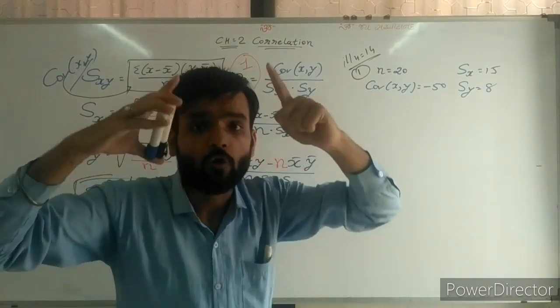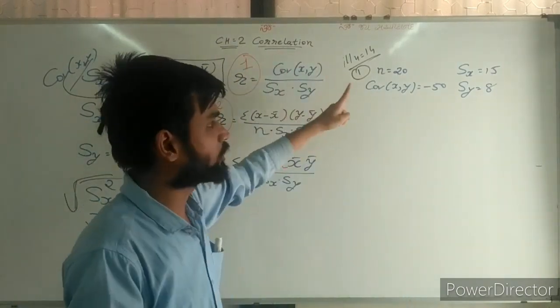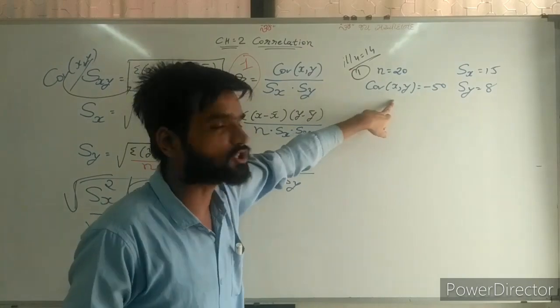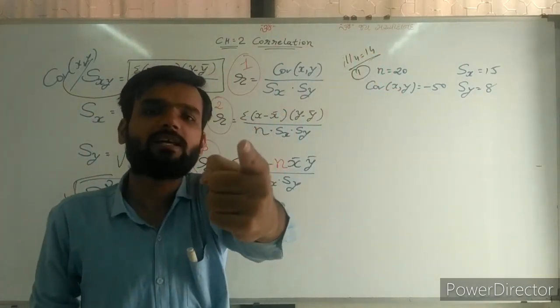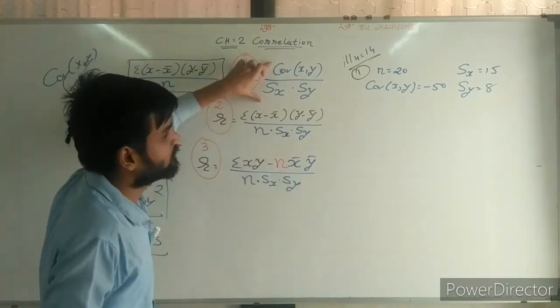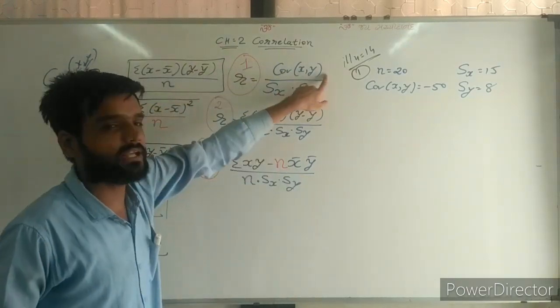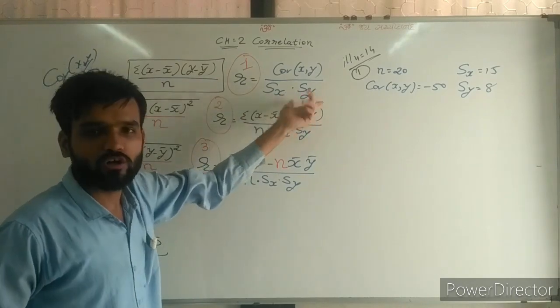Now think, which formula is applicable to find the correlation coefficient? Sir, covariance of xy, there is only one formula in which covariance of xy is used: covariance of xy divided by Sx into Sy.